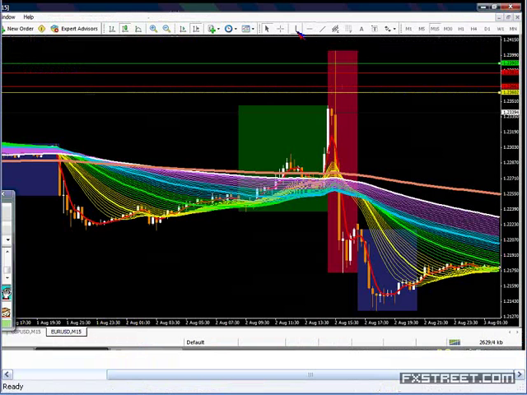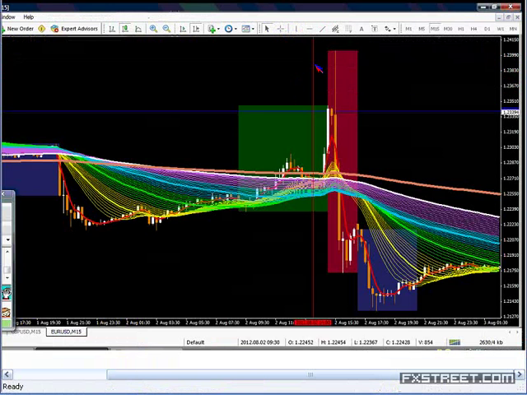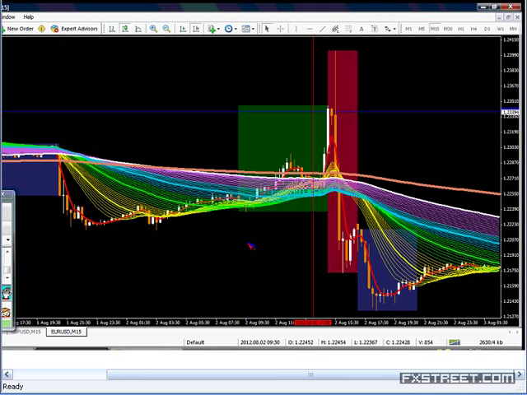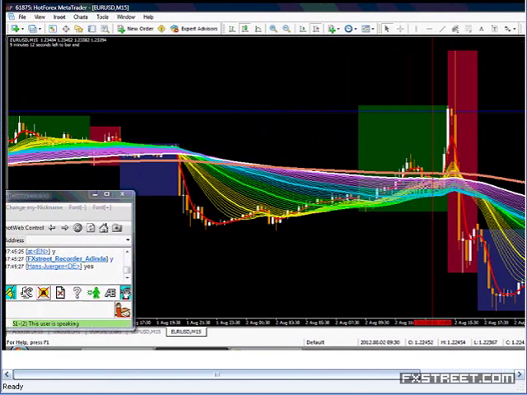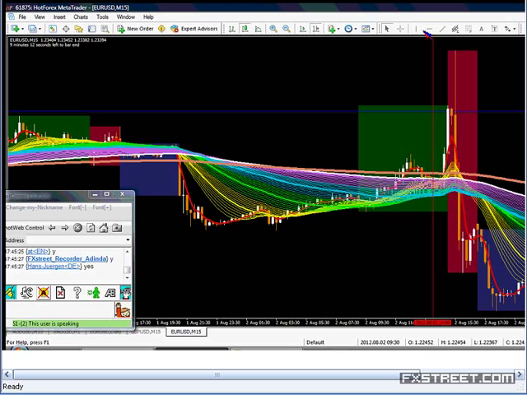And I'm just going to mark some areas of the chart. Let me remove the horizontal lines. Now look at the market at this point. Look at the market at this point, at this point, and even at this point.